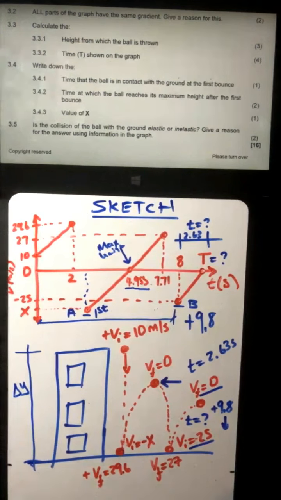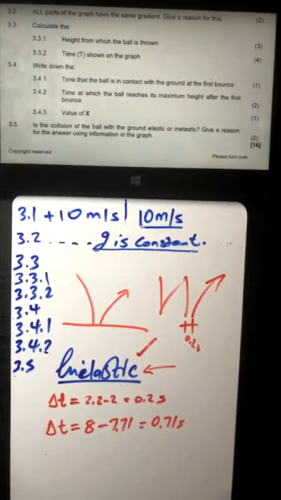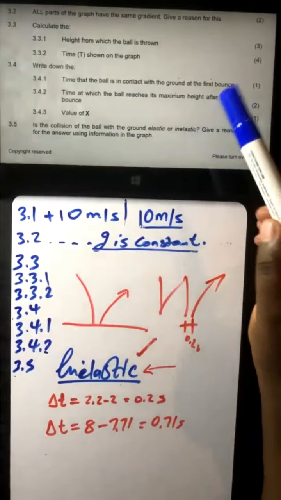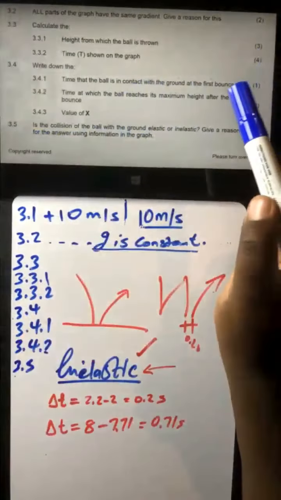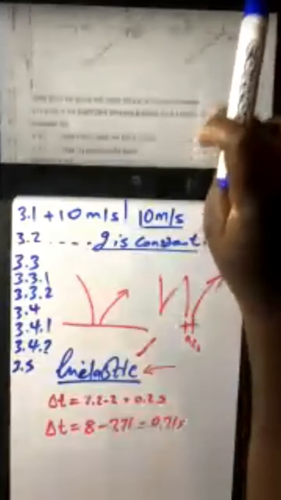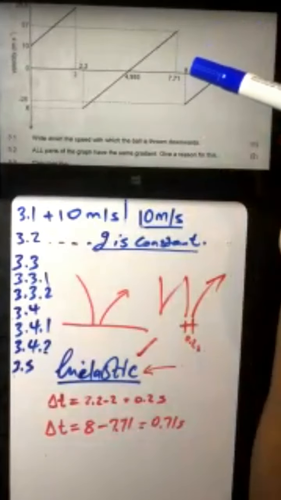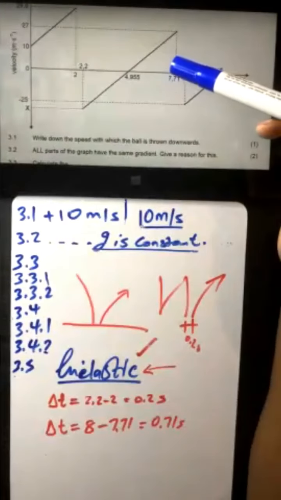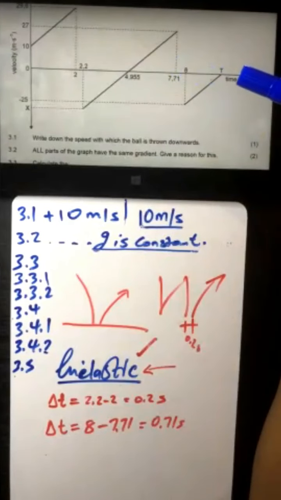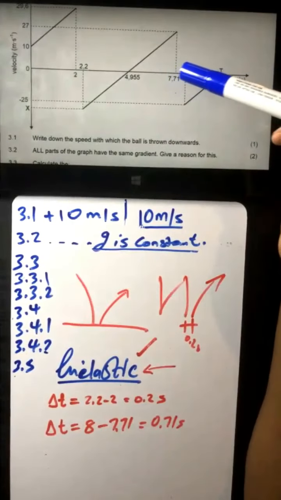Okay, maybe let me try to respond. I'm not sure if in my response I'm going to cover the question that you're asking. In this case, any question could be asked. So you can still be asked the time that the ball is in contact with the ground on the second bounce.